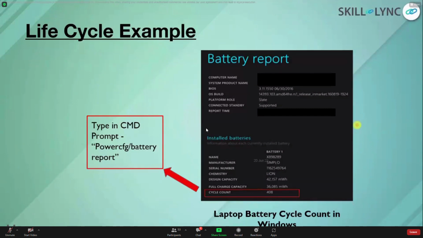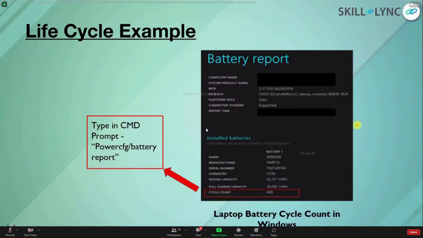A file will be saved on your laptop, and you can open that file and check the cycle count, how many cycles are done, and even the health of the battery. That's again very interesting data that you can see on your laptop.